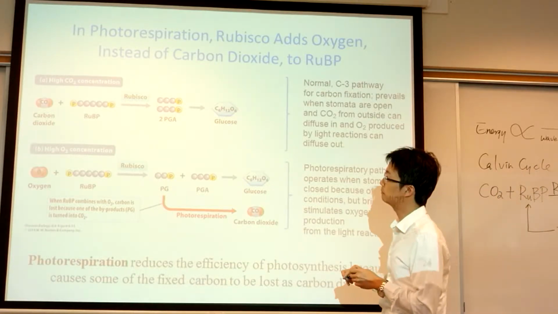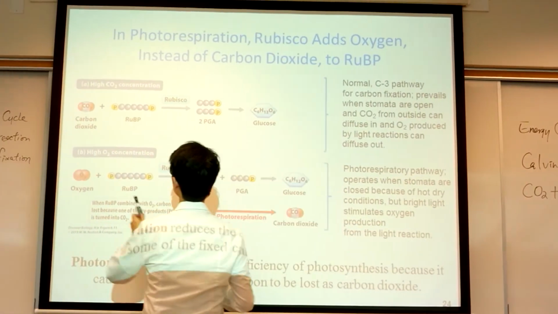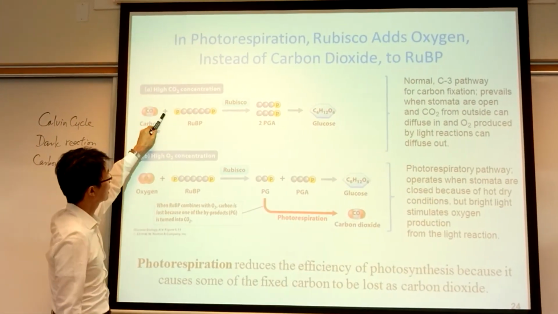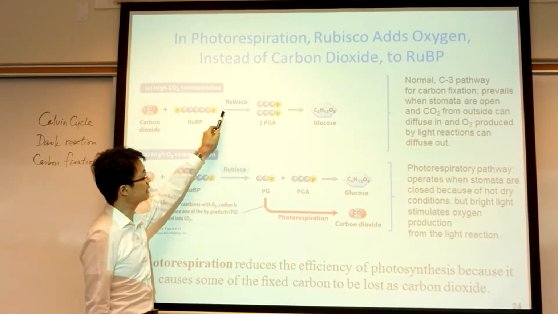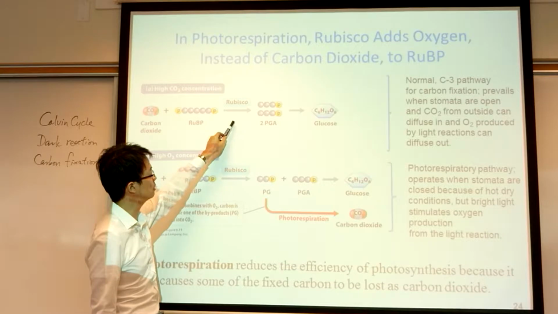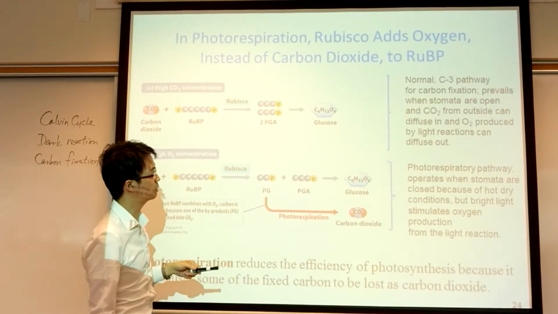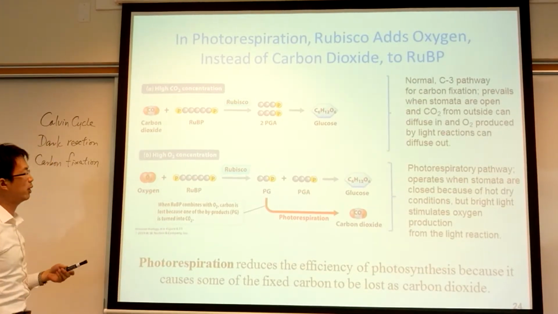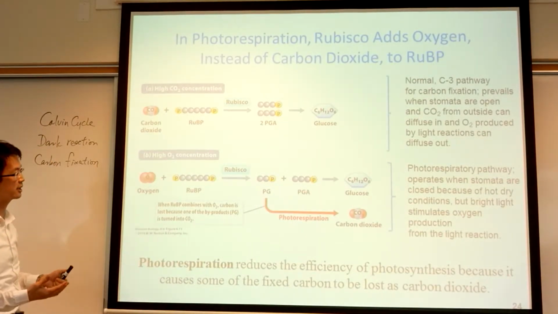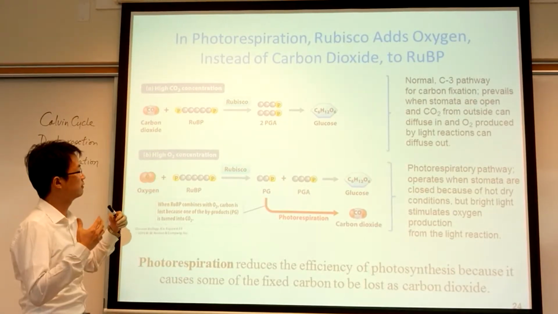Normally in photosynthesis, you want this to happen: carbon dioxide combines with RuBP, catalyzed by Rubisco, to form 2 PGA, and then eventually you get glucose. This is the normal, ideal case. But when you have very strong sunlight, you will have a lot of photosynthesis.